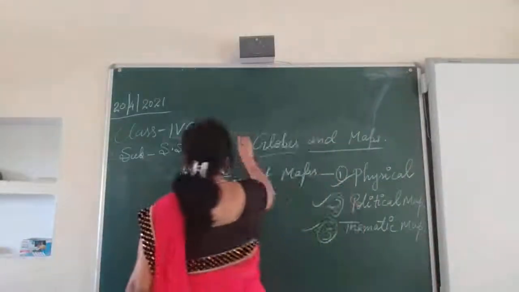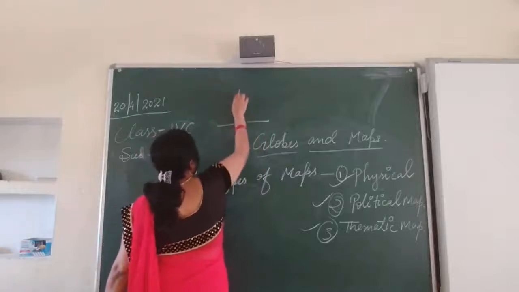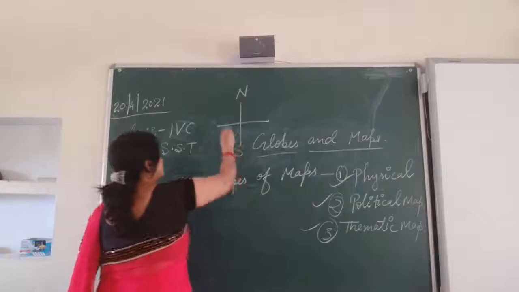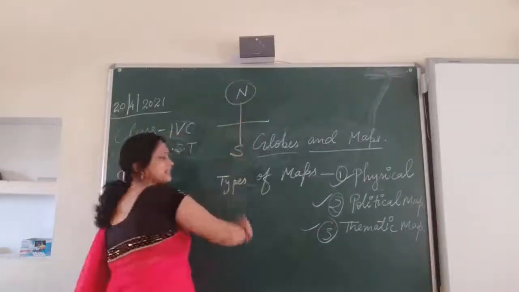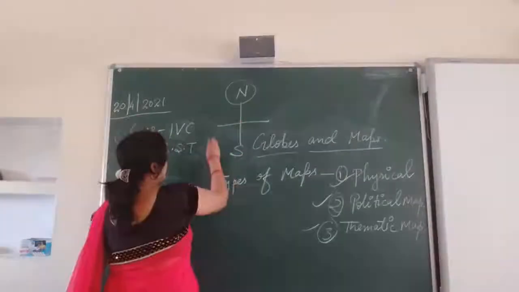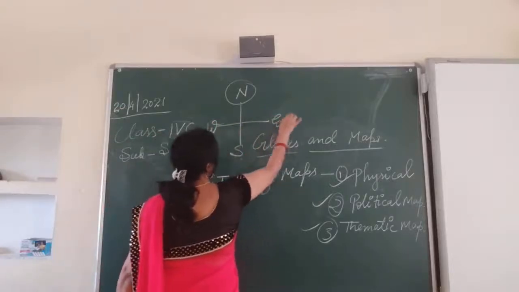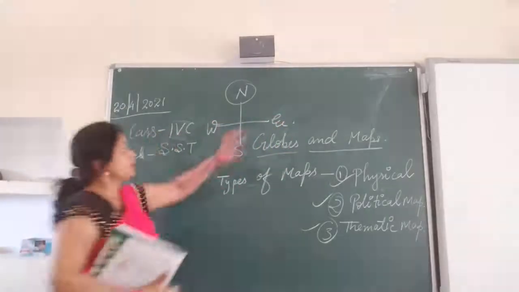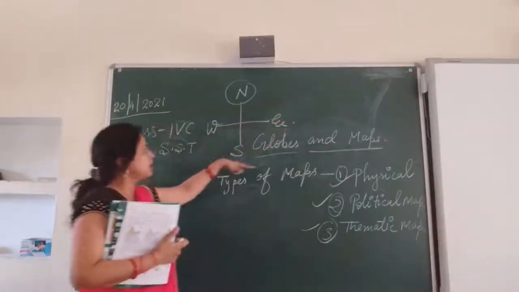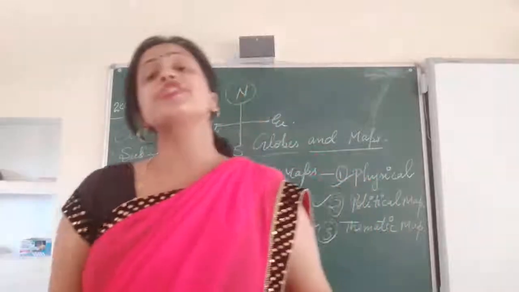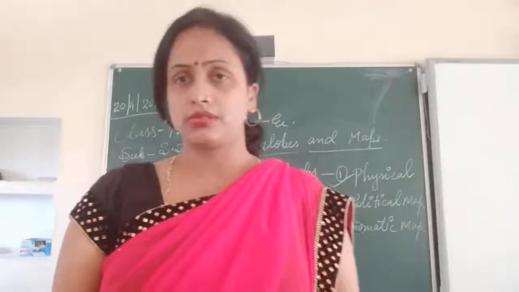Suppose here you see, this is north, and this is south. When we know north, then we come to know that this is the south direction. And here this is west and this is east. So when we know the north, then we know all the other four directions. So it is very necessary to know which one is the north.